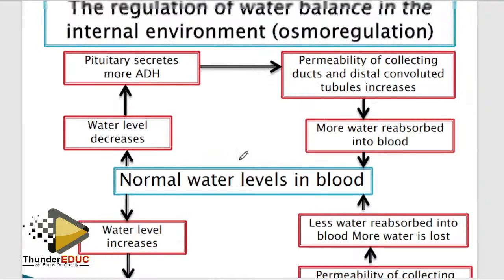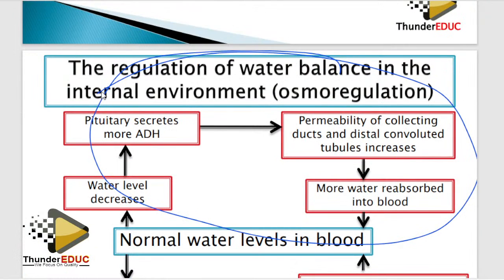So this is what you explain exactly like that. When there is a low level of water in the blood, the pituitary gland secretes more ADH. This ADH is going to cause the permeability of the collecting duct and the convoluted tubule to increase, and then more water is going to be reabsorbed back into the blood, and then it goes back to normal.